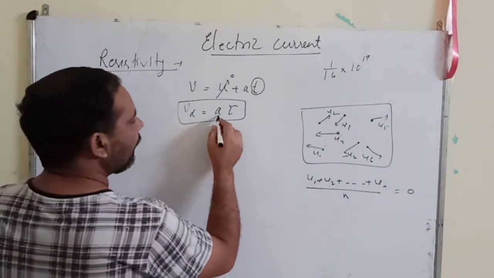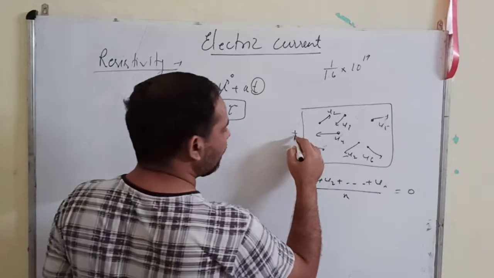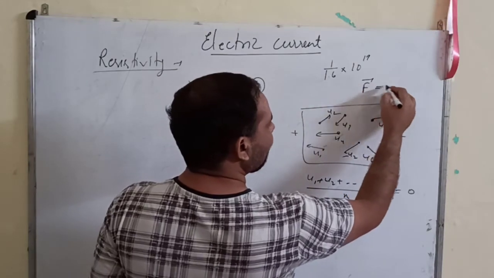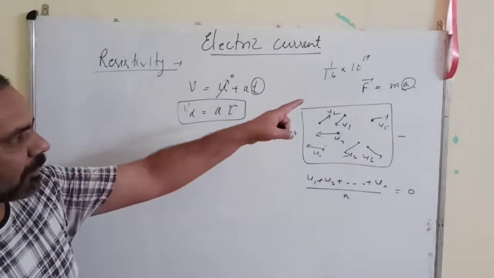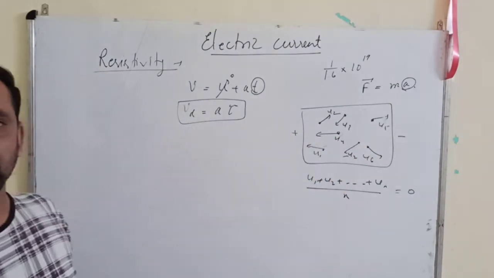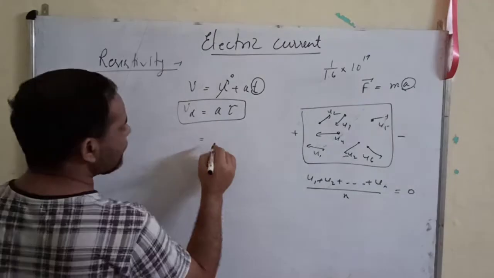What is a? a is the acceleration acquired by the electron due to the application of electric field. When you apply the electric field, some force will be exerted, and whenever there is a force, there will be some acceleration also. Now how much is a?